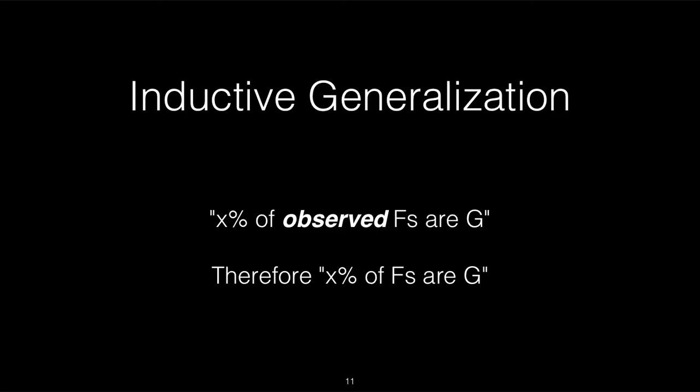And so out of the 1,000 people that I surveyed, 750 came back and said they like chocolate ice cream. So 75% of observed ice cream eaters like chocolate. I could then say, if I'm using an inductive generalization, 75% of all ice cream eaters like chocolate ice cream.